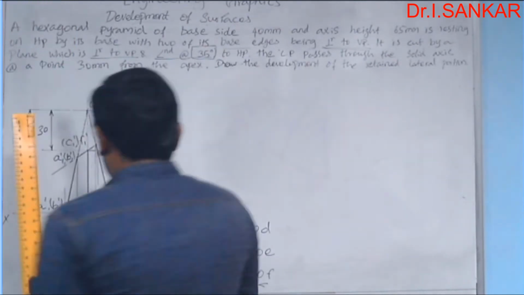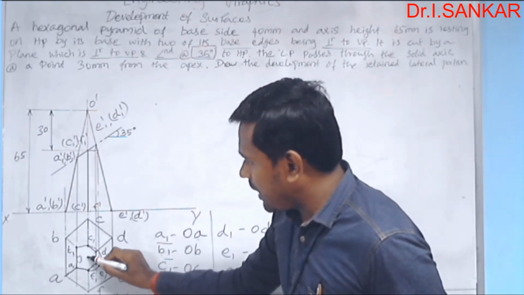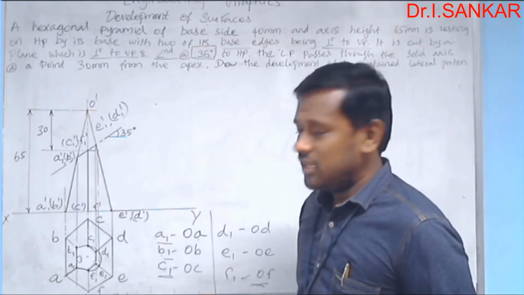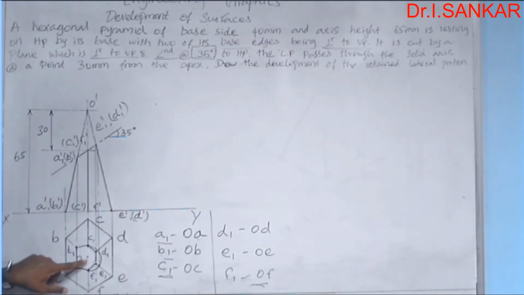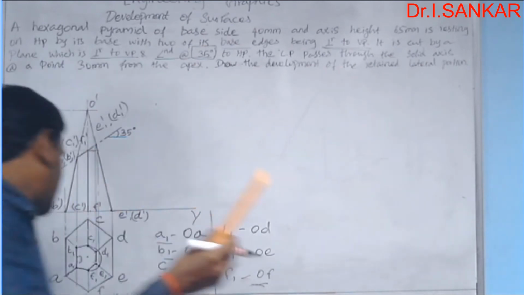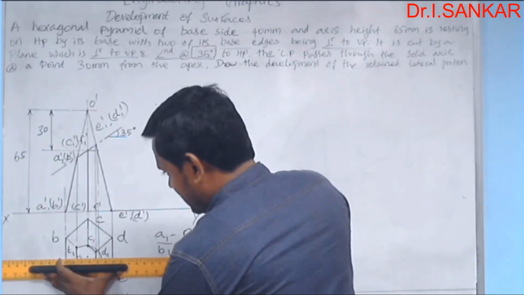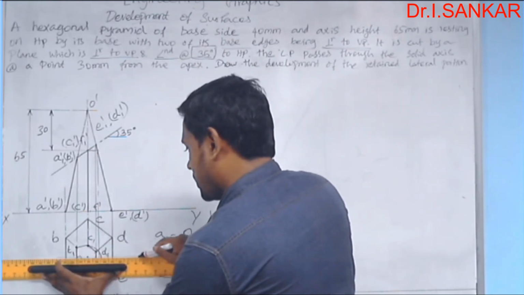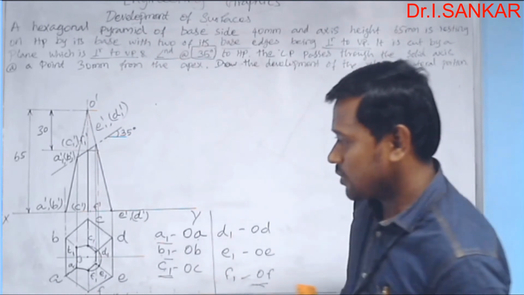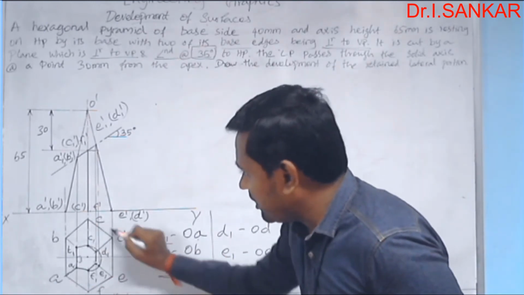Let me instruct how to do it. See here. First of all, we have the axis point of the solid in the top view. Now, just draw a horizontal line which is parallel to xy. After that, take any of the base corners in the top view.